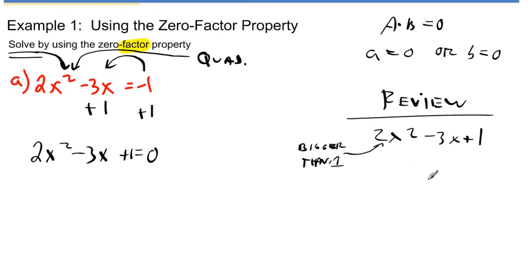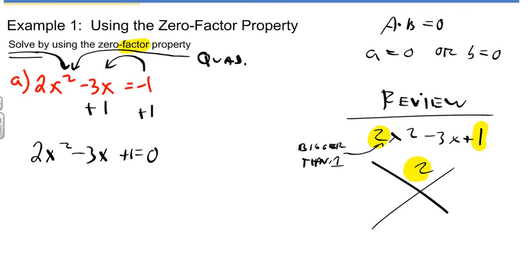So watch this. Oh no, I'm sorry, you have to multiply the first and the last number. So I'm going to multiply the 2 and the 1, and that's how I get my top number. So I'm going to get 2 right here.